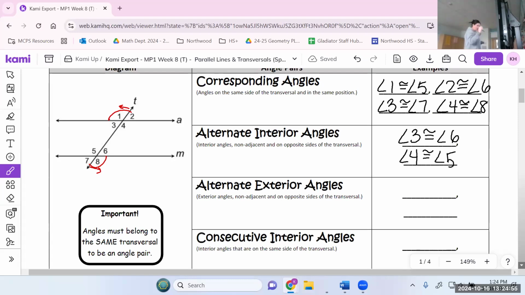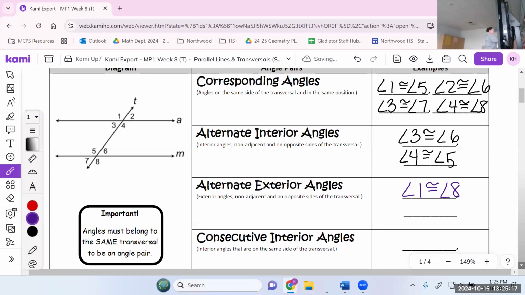In this one, with red, angle 1 is going to be congruent to angle 8. Those are on different sides of the transversal and outside your parallel lines. That's what I meant. Actually, let me leave that.